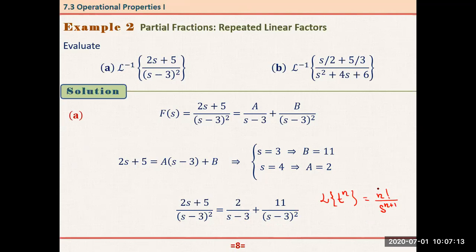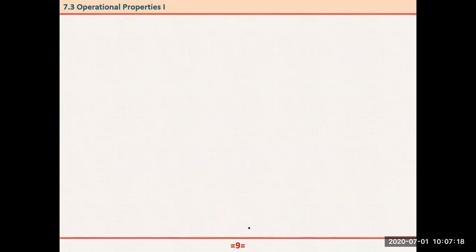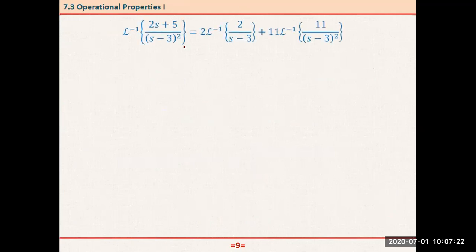So here just a number, right? Here we have s to the power something. So I can just do this substitution here. So here we need to calculate the inverse Laplace transform of this. So that's equal to this thing, right?